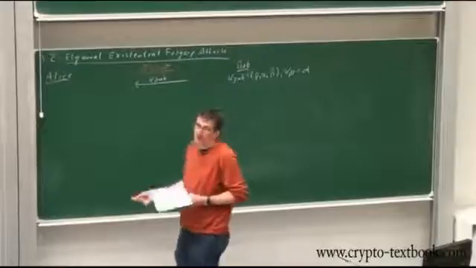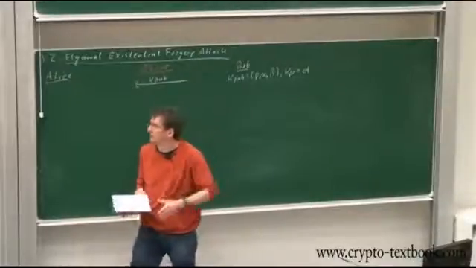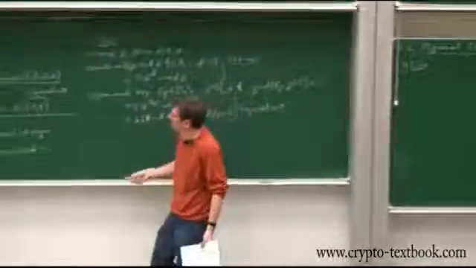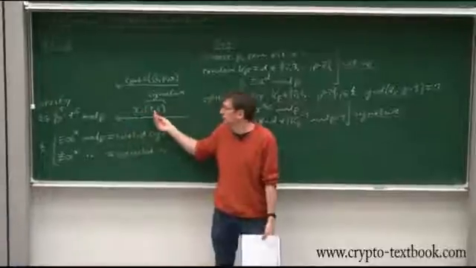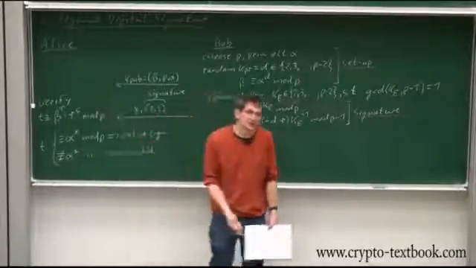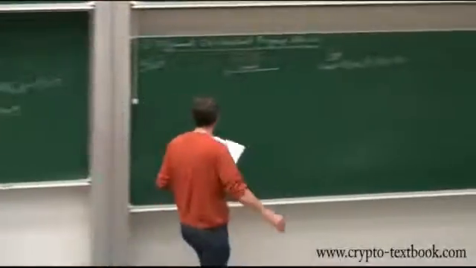Okay. So Oscar's goal is again to generate a valid pair, valid triple really, a valid message x with a signature so that the signature checks out for Alice.